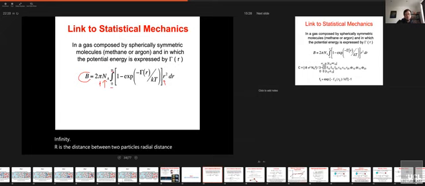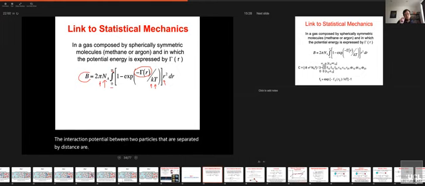And what we have here is that the 1 is just a number, the exponent of minus, k is the Boltzmann constant, T is the absolute temperature, and this here is minus the potential energy, the interaction potential between two particles that are separated by distance r. So essentially, if we know how two particles interact with each other as a function of the distance between their centers of mass, we can plug that function inside of this integral, and by calculating the integral, we know what the second virial coefficient is.